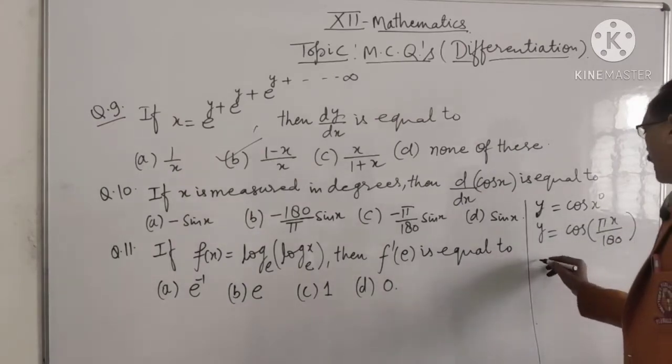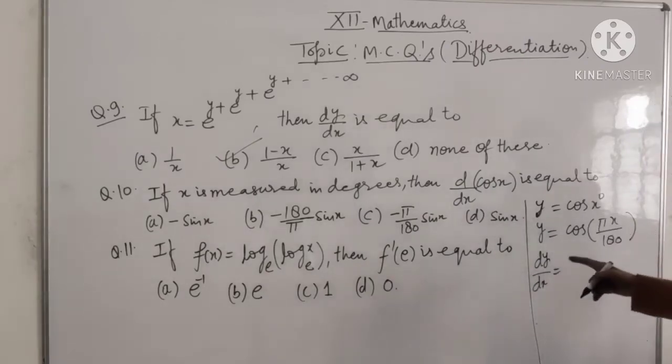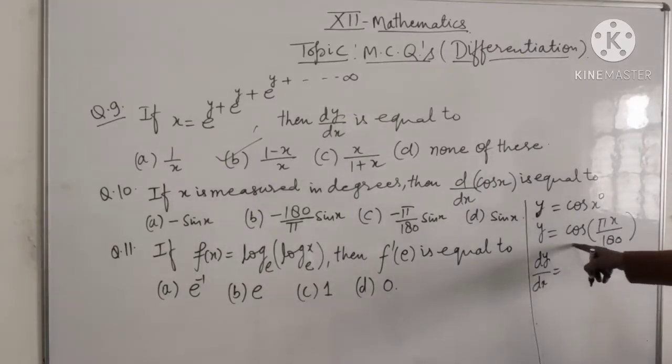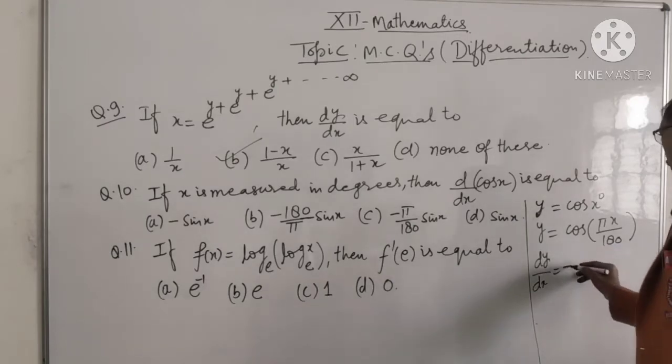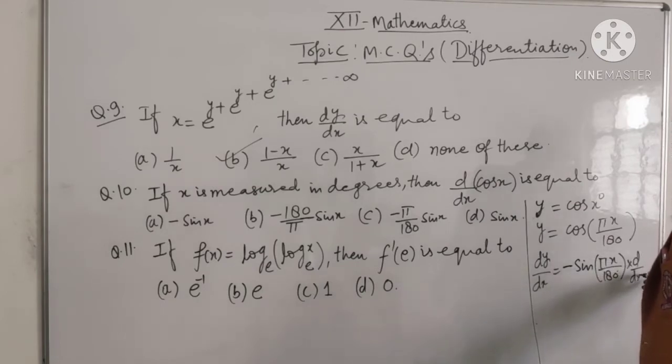Now we will find dy over dx. We will apply the chain rule here, and the derivative of cos is minus sine. So minus sine pi x upon 180, into d over dx of pi x upon 180.